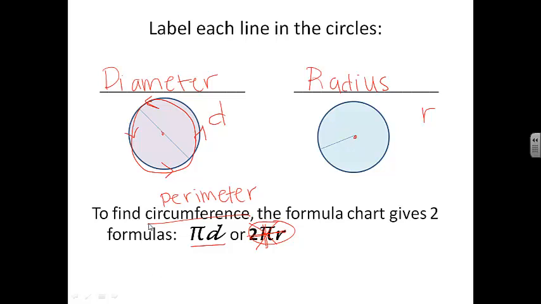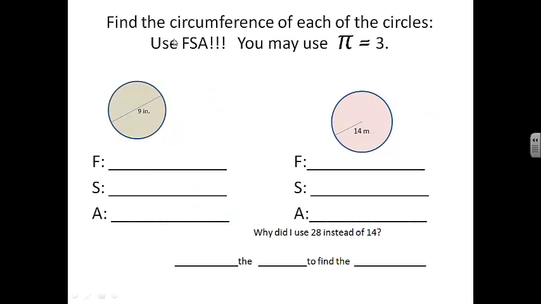Now, one big thing I want you to know right here is that we are going to use, well, let's go to the next slide because I think it's on here. Yes. To find circumference of each of these circles, of course we still use formula, substitute, and answer. This is how we show our work. We are going to use pi equals 3. Okay? Easy, easy, easy. Because what does it say on your formula chart?